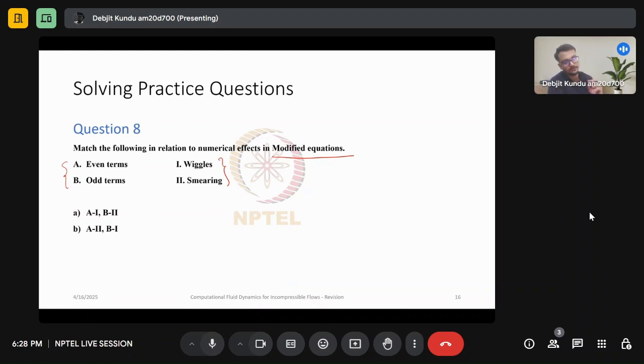There are only two options. It's either A1 B2 or A2 B1. So which terms in the modified equations lead to what?